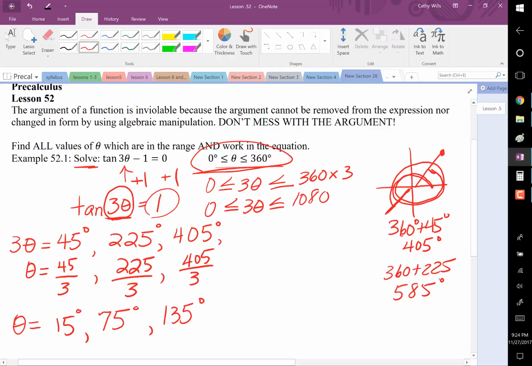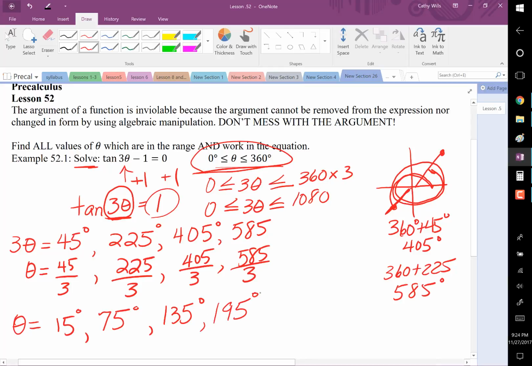So 585 is another possibility because that is at the very same angle in the third quadrant where x and y have the same value, square root of 2 over 2, both negative this time. So 585 works for 3 theta. So theta is just 585 over 3. So 585 divided by 3 is just 195.